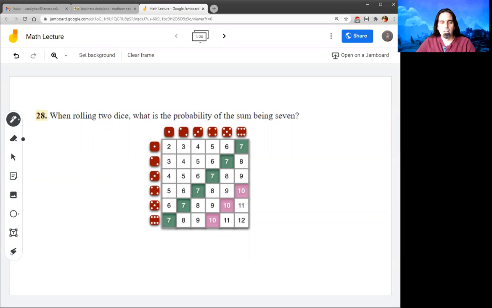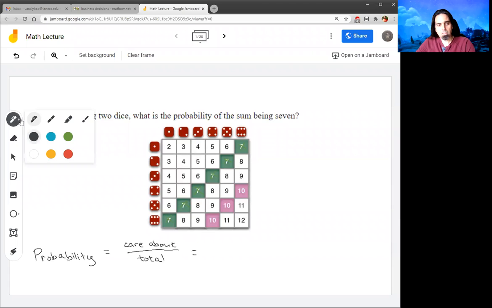So I'm going to take the green ones, where the sum is 7, and count them. 1, 2, 3, 4, 5, 6. There's 6 ways. So remember our definition. The probability is a ratio of the outcomes we care about, the desired outcomes, the ones we're counting, to the total.